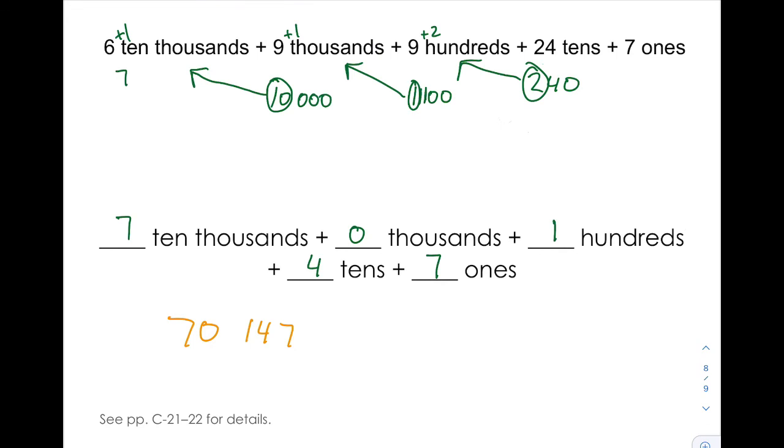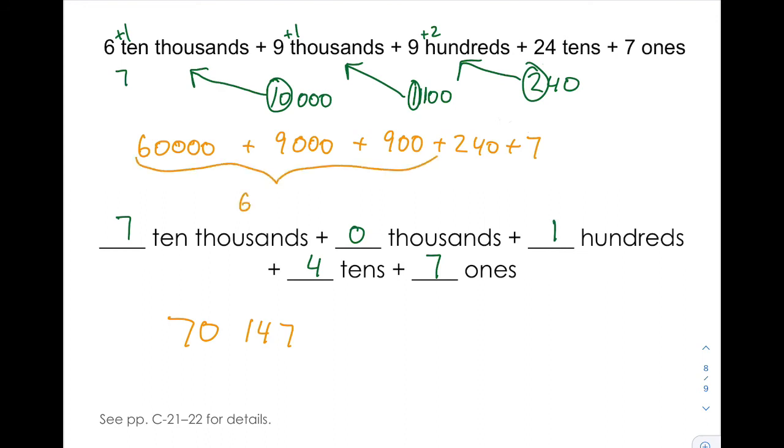And here we had 60,000 originally, 6 ten thousands, plus 9,000 plus 900 plus 24 tens, which was 240, plus 7. 69,900 plus 247.